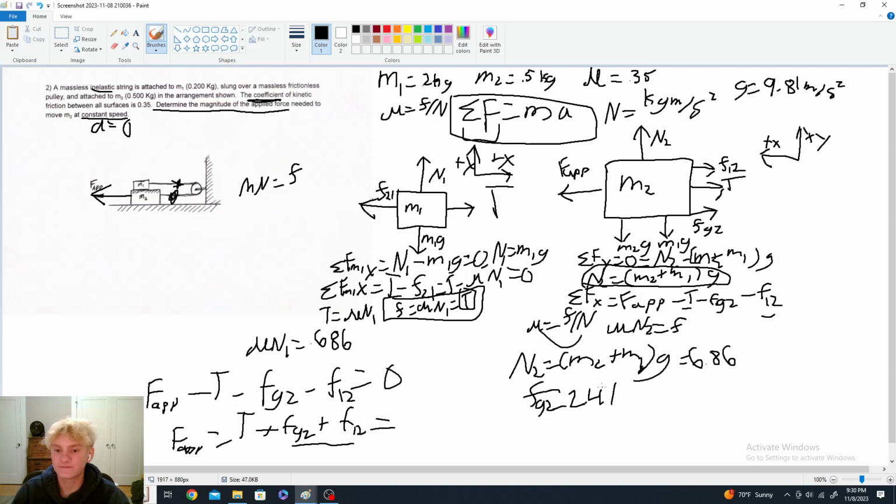We calculated this value right here, 2.41, plus 2.41. That gives us a final answer of 3.78 newtons. So that is the minimum, or the only force, that is the force needed to move M2 at a constant speed at 0 acceleration. Thank you.